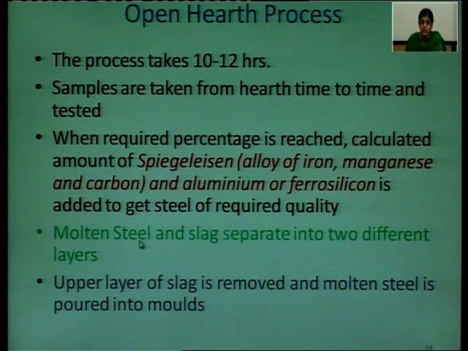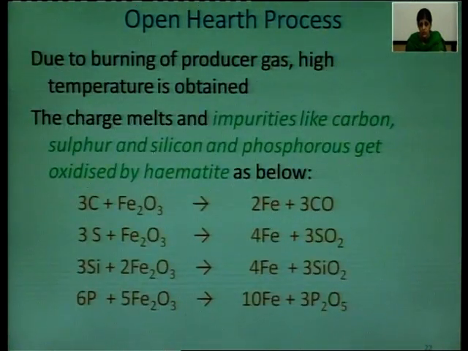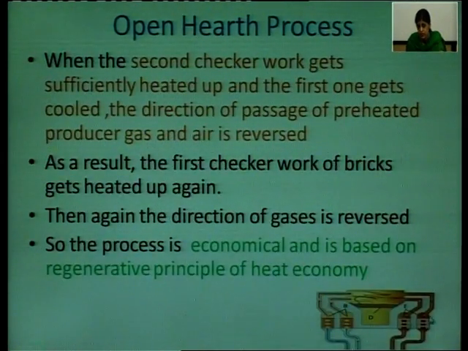The molten steel and slag separate into two different layers. The upper layer of slag is removed and molten steel is poured into molds. I will just show you in the diagram. Here in the hearth, we will have two layers formed. One will be of the slag, the upper layer, and the lower layer will be of the molten metal.